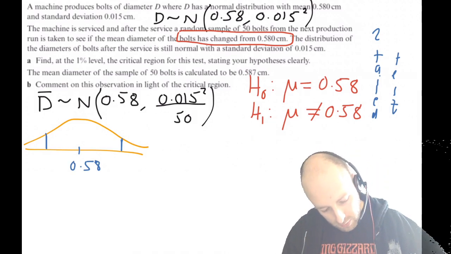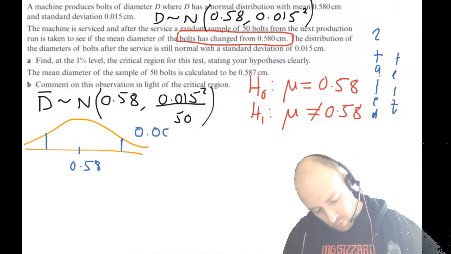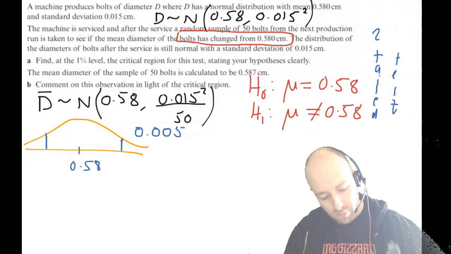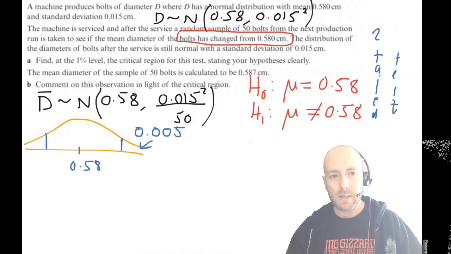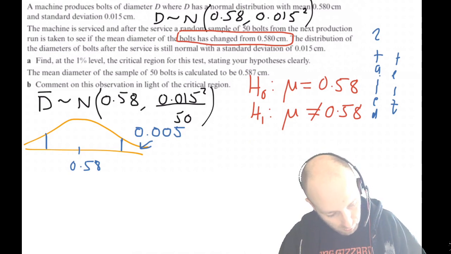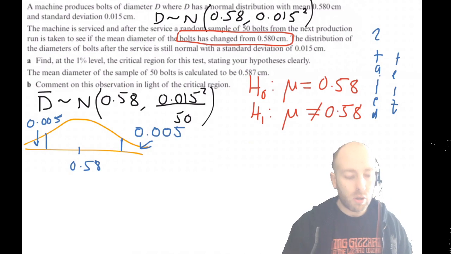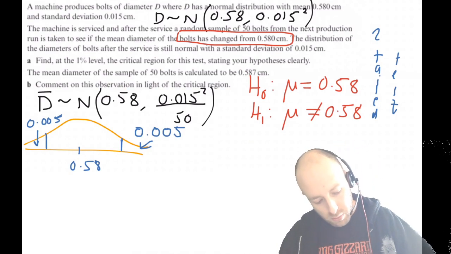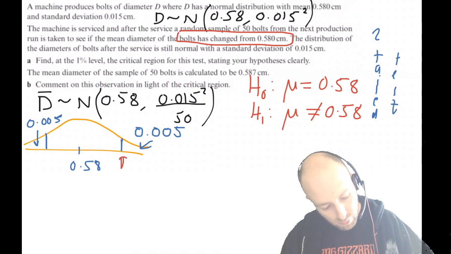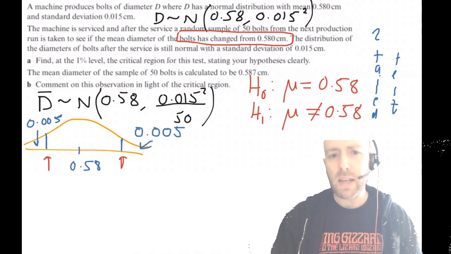Let's write this as a decimal: 0.005 for our percentage, so that's the 0.5% level, and 0.005 for the other one as well. So we're trying to find what those values are for our critical regions.